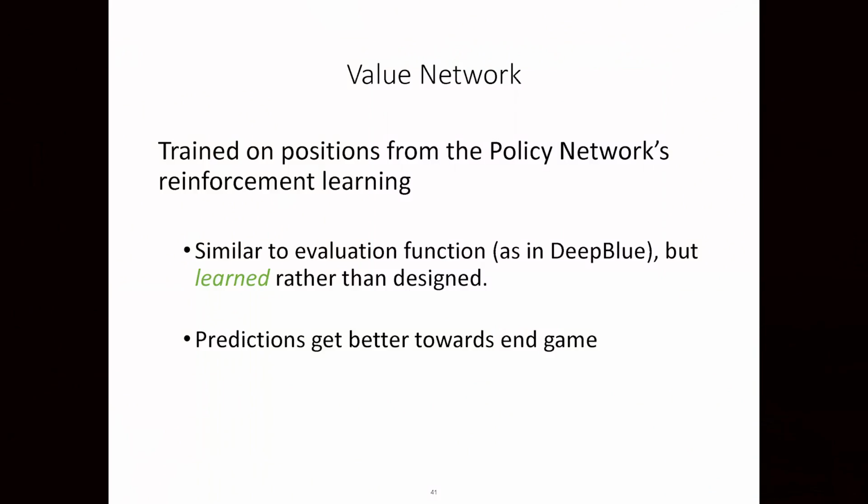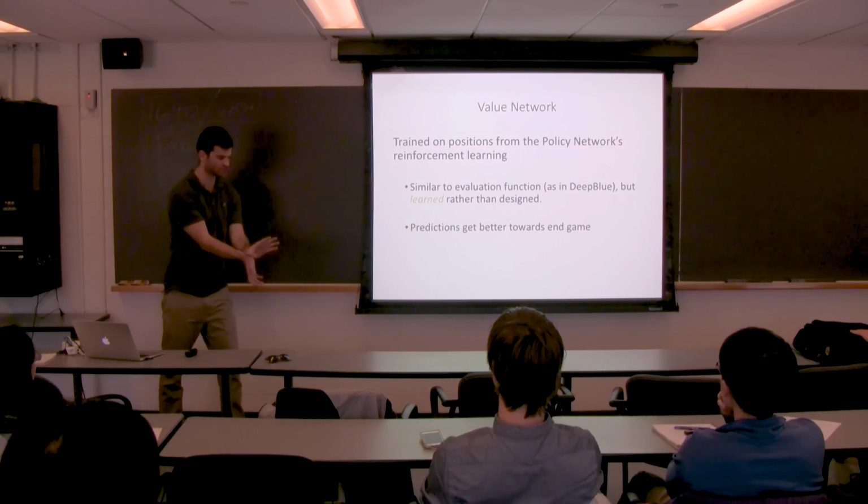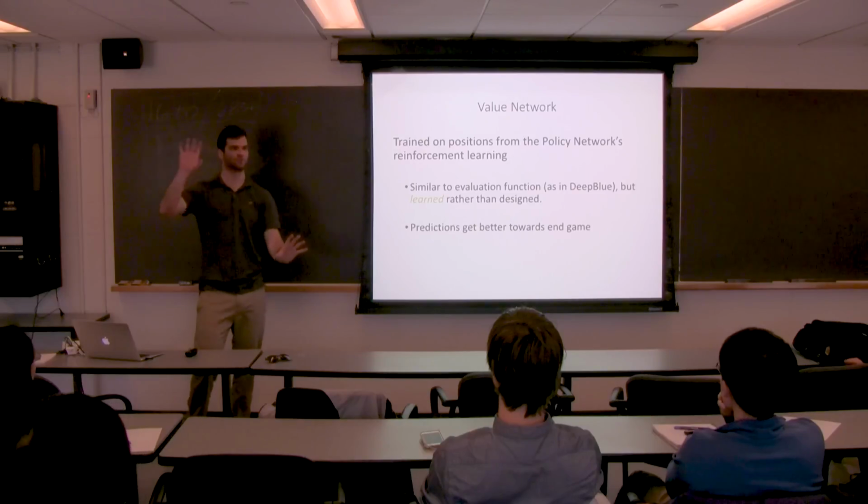But those are the two policy networks. There's also a value network. What the value network does is it takes in a board and it'll give you a value, like how good is this board? It'll give you a win probability number. So it's 77%, it would say. Like 77% of the time you should win from this board. And so that's similar to the evaluation function of Deep Blue, but rather than a Go master coming in and telling you, well, if these are connected in this way, and down here we have this certain thing, then here's the sort of score we should expect.